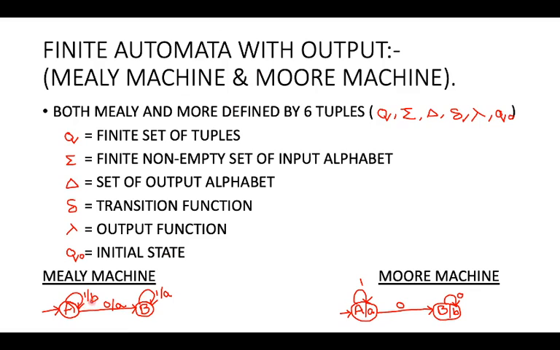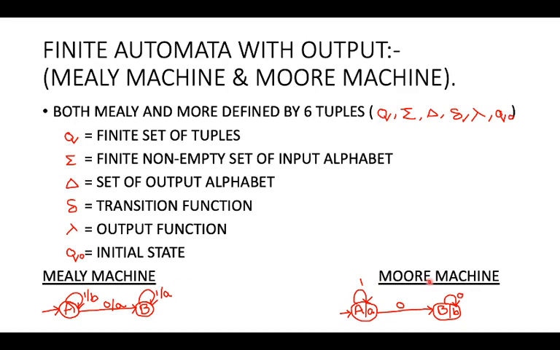In the Mealy machine the output symbol must be with the input symbol only. Here starting state A takes the input 1 and goes to A only, and it produces the output B. The output symbol must be present with the input symbol. That is the basic and important condition for the Mealy machine.